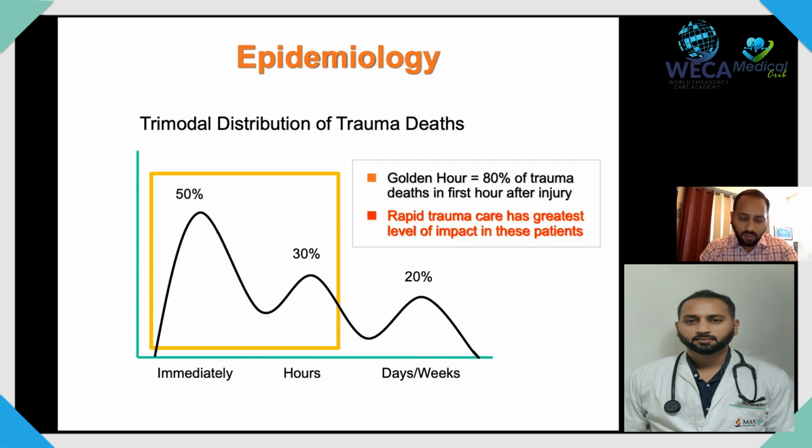Later on, around 20% of mortality occurs due to sequelae, which may be complications like infection or multi-organ dysfunction syndrome. So rapid trauma care has the greatest impact on these 80% of victims that we lose in the first few hours due to trauma.